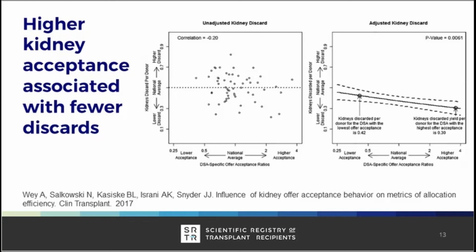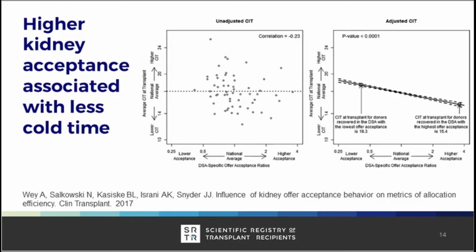So it's an interesting trend there. Secondly, we see less cold time, which is, I think, intuitive as well. If we're able to place these organs faster, there's less cold time. So again, moving left to right here, as we move from programs with lower acceptance practices to programs with higher acceptance practices for offers, we see less cold time on those organs.